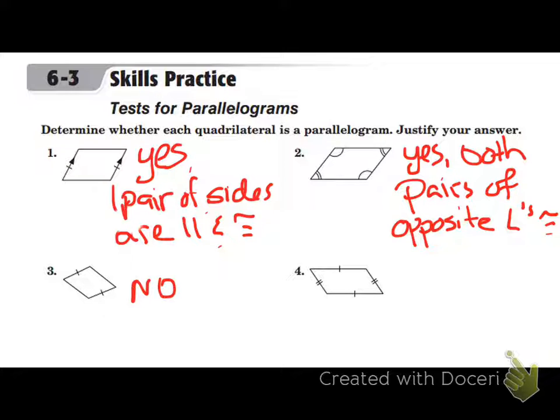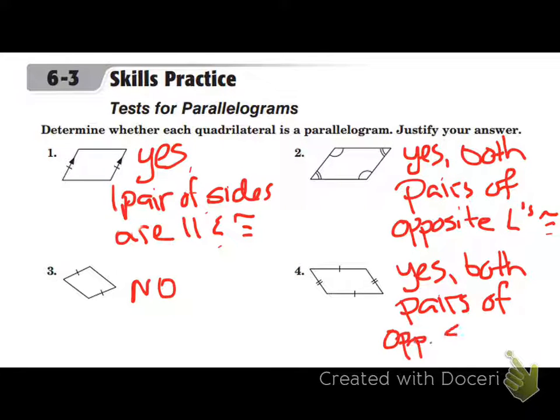Agree, but if you look back through the theorems we wrote down, both pairs of opposite sides are congruent.